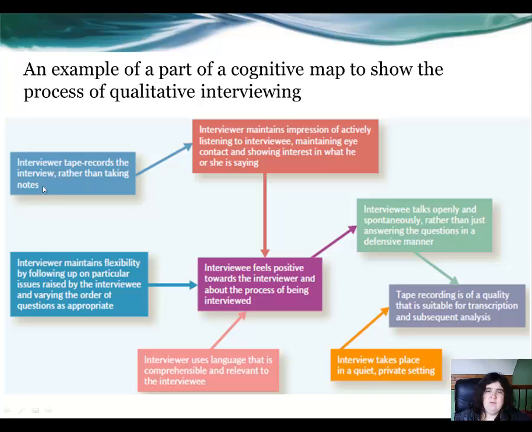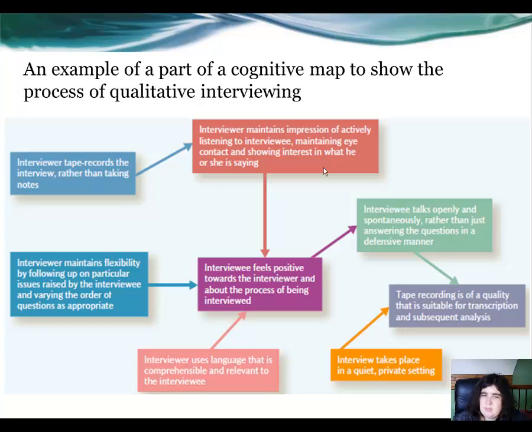So the last slide shows that the interviewer tape records the interview rather than taking notes. The interviewer maintains an impression of actively listening to the interviewee, maintaining eye contact and showing interest in what he or she is saying.